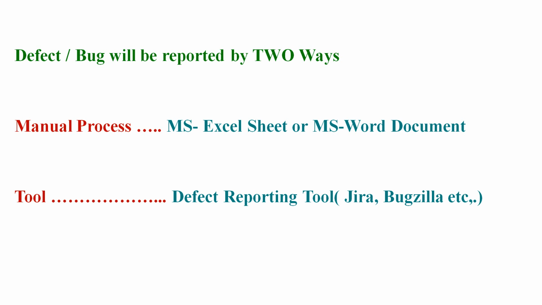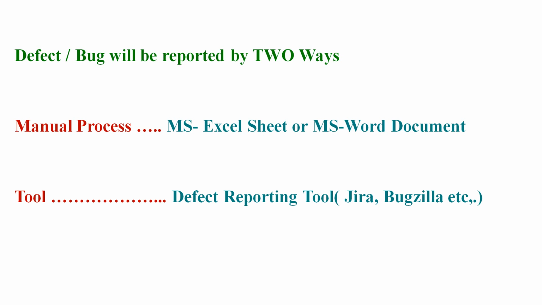If it is a tool, then defect reporting tools will be used. Examples of defect reporting tools are Jira or Bugzilla, etc.